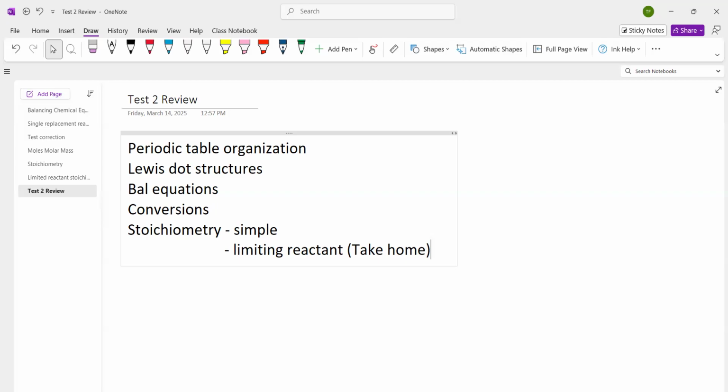What about the extra credit balancing equation, do we bring that to this test? Yes, so bring that in. When you turn your test in, you staple it to the back.